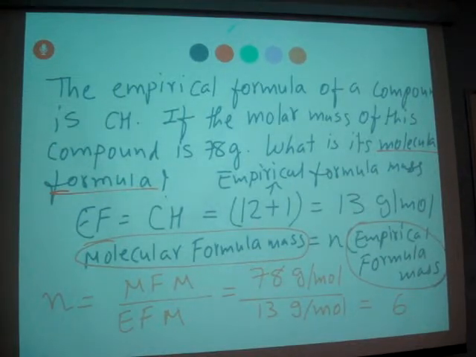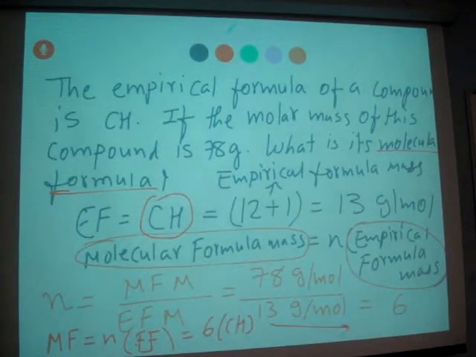Now we have given empirical formula CH. How do we find out molecular formula? N times empirical formula. So 6 times CH. So what will be the molecular formula? C6H6.